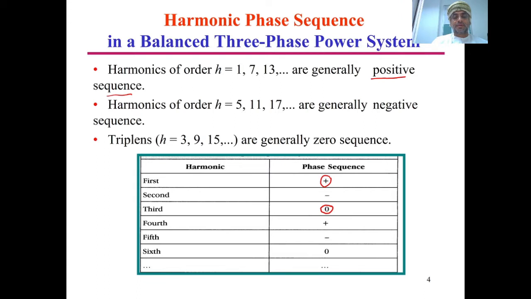The third, of course, the zero sequence are anything multiplied by 3, any integer you multiply by 3. So the third, 3 times 1, 3 times 2, and so on. But the tripling harmonics, what they call the tripling harmonics, mainly are the odd ones. Then it will be third, and then 9th, 15, and so on.